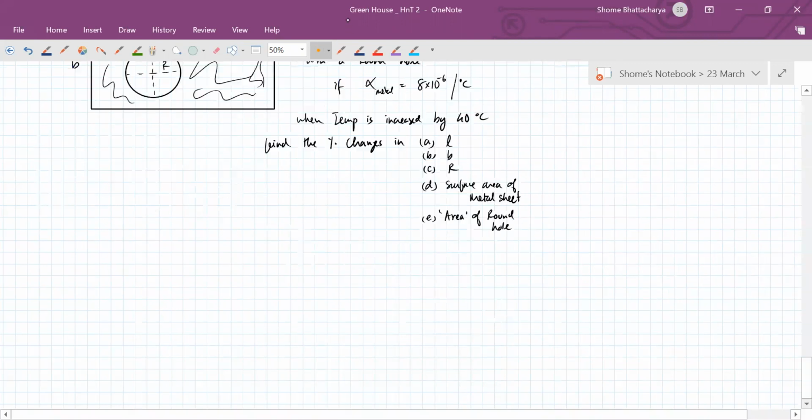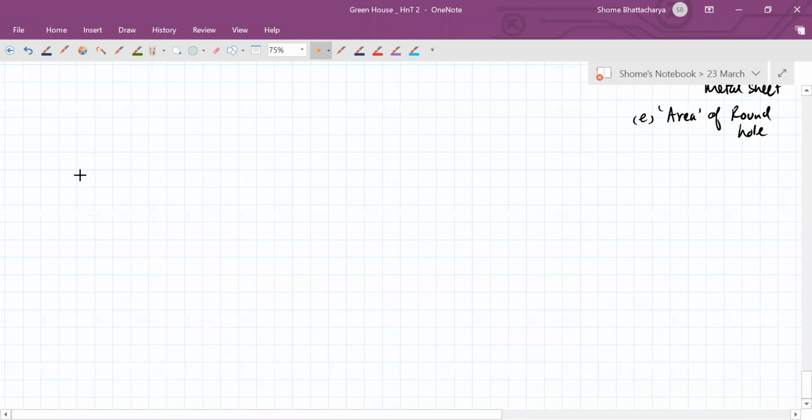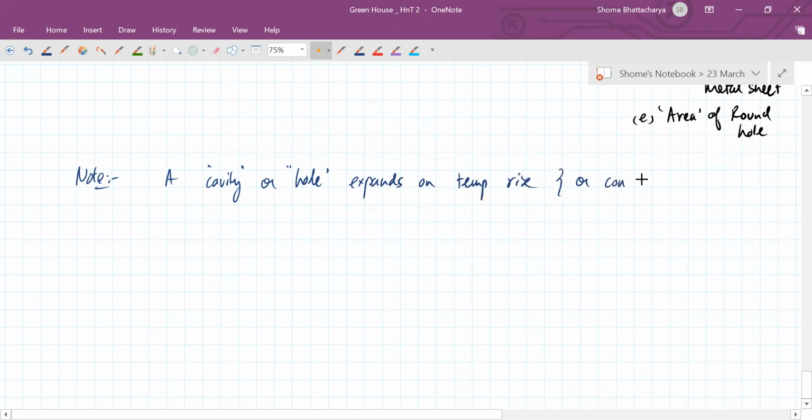Okay, Vashish, so I'll come back to the calculation part, but the important thing to understand about the dimensions of the cavity is that a cavity or hole expands on temperature rise or contracts on temperature dropping exactly like the material that was removed to create the cavity.